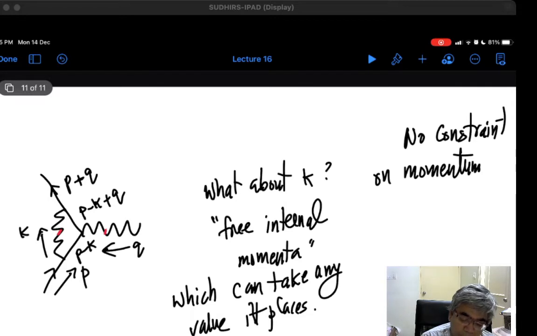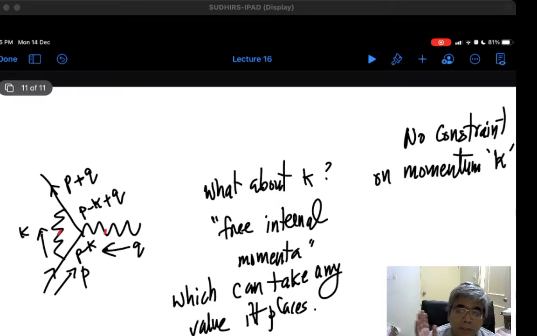Unlike, for example, the tree level, the external momenta like P, Q, P plus Q are all things which are measured in the laboratory, and so they have energy-momentum conservation and everything. Here you're not violating energy and momentum conservation, but they don't have anything to do with the experiment and the physical process.